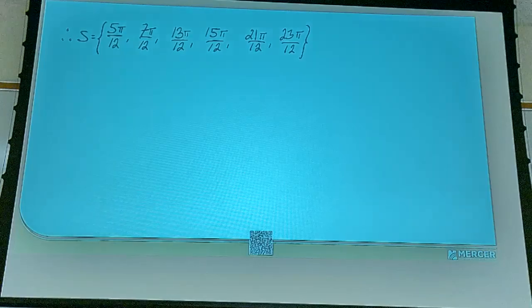There is our solution to this equation. Like I said, not that difficult, is it? Definitely not easier than the ones we just did.